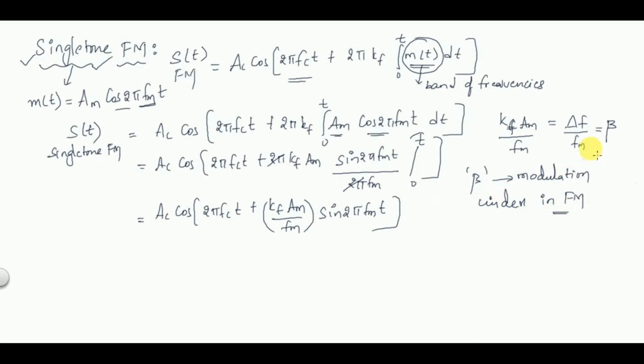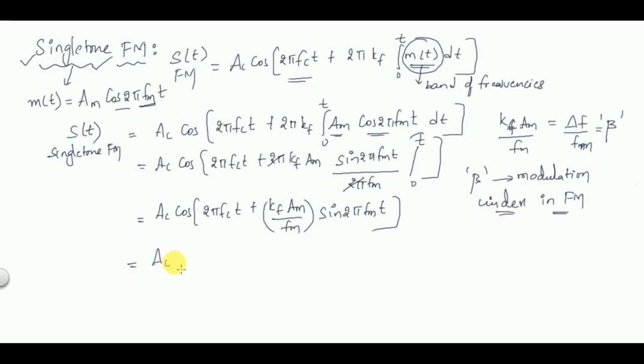It tells how deeply the frequency is changed, so we also call it the depth of modulation. So this is called the modulation index in FM.